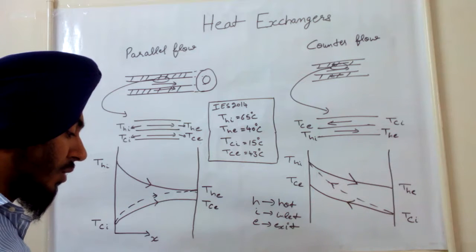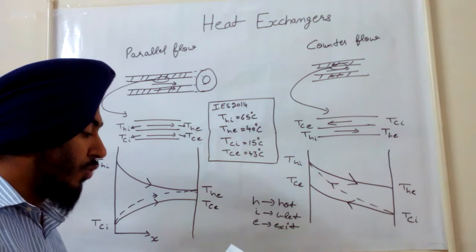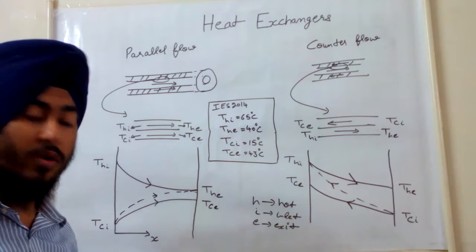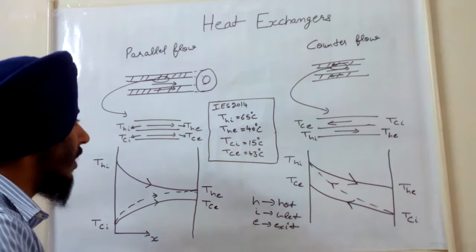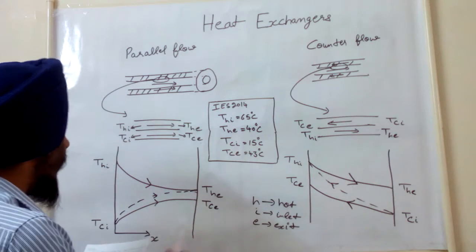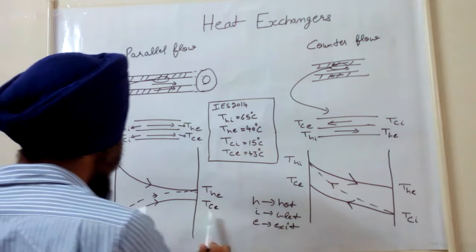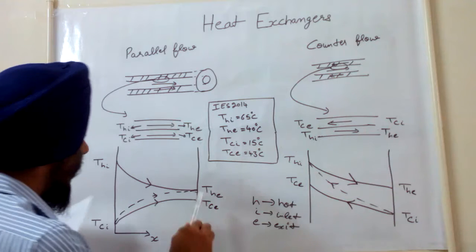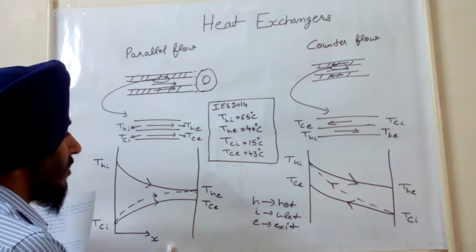So let's see. Initially, we will concentrate on parallel flow and counter flow. Mixed flow and phase change we will be studying in later topics. So we will see if it can be parallel flow or counter flow. We can clearly see that T_CE can never exceed T_HE in case of parallel flow heat exchangers.